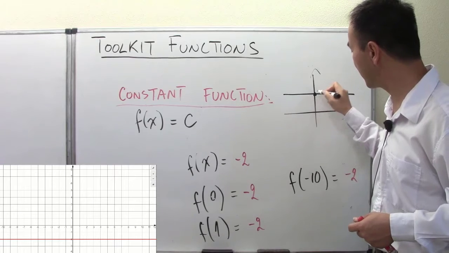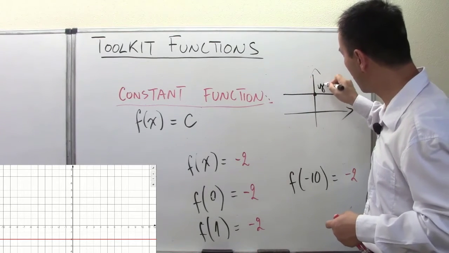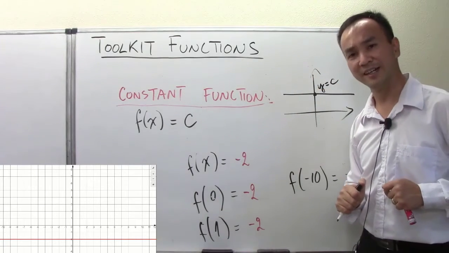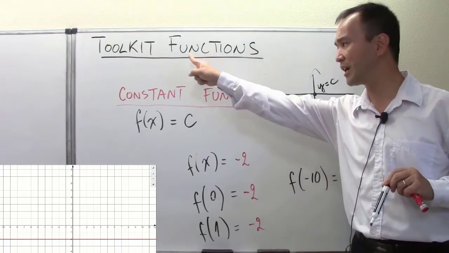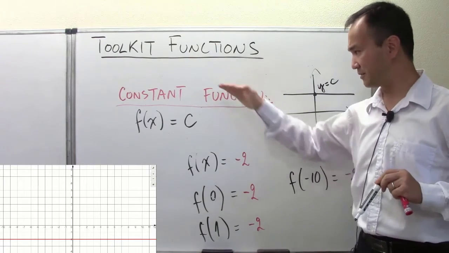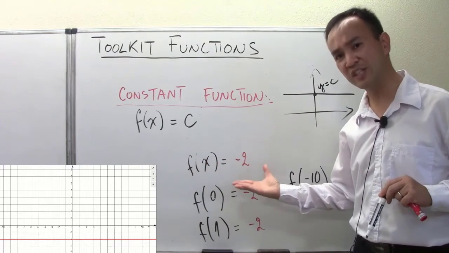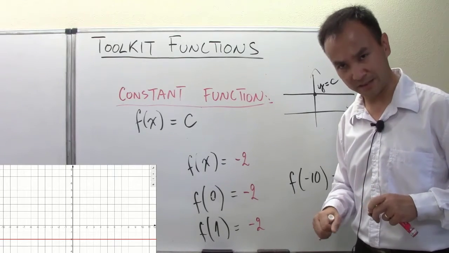And this value, where it crosses the y-axis, y equals c. It's a flat horizontal line. Okay, so that's the constant function, one among the ToolKit functions. It is called a ToolKit function simply because you will see it a lot of times throughout your time learning mathematics.